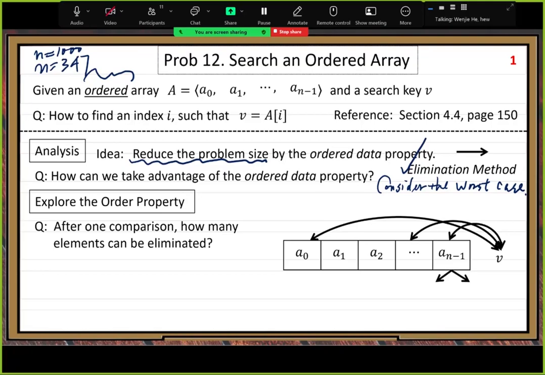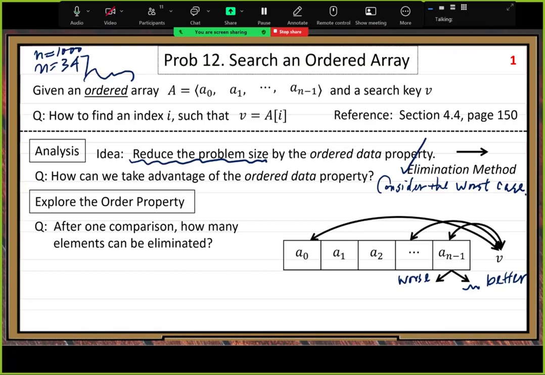Easy to see, right? V less than A sub N minus 1 is worse, and the other case is better. We should look at the worst case.